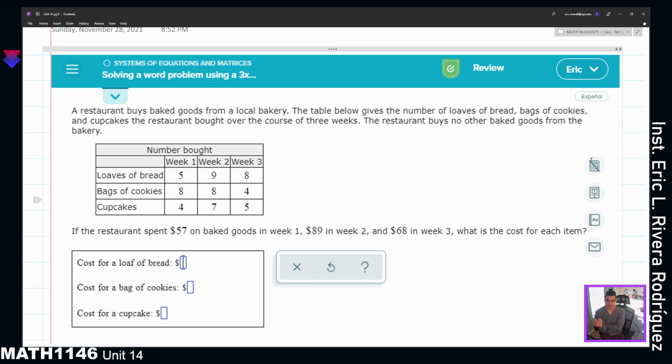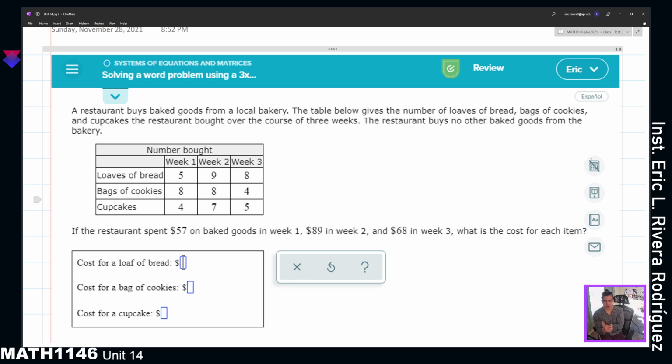Then we have the question: if the restaurant spent 57 on baked goods in week number 1, 89 in week number 2, and 68 in week number 3, what is the cost for each item?